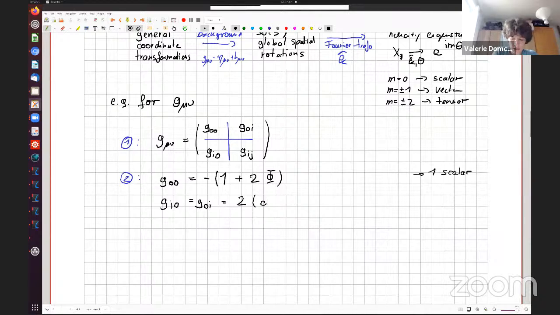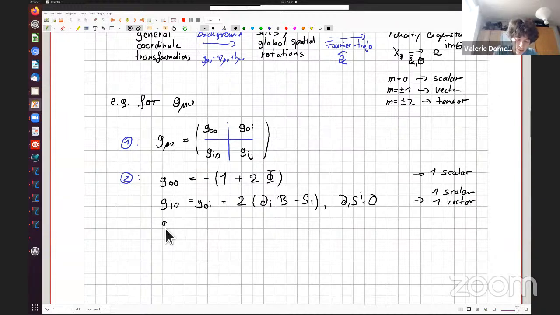So one way I can do it is by taking one spatial derivative of a scalar, or by taking a vector directly. So B is now a scalar, S_i is a vector. Vector meaning the divergence should be 0, so that there's no scalar component inside. So this gives one scalar, this B, and one vector, this S_i.